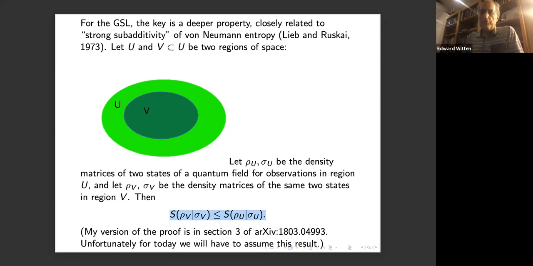I'd love to explain the proof, but it would have taken at least half a lecture, and there simply were too many things I wanted to explain, so I reluctantly decided I couldn't. So we're going to need to use this very fundamental fact about relative entropies that basically goes back to Lieb and Ruskai and has had many proofs over the years.